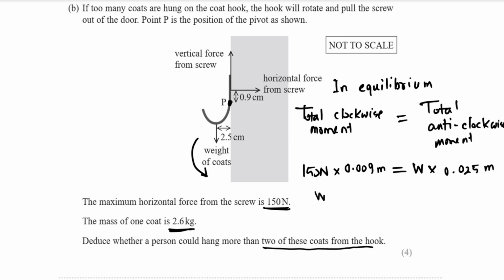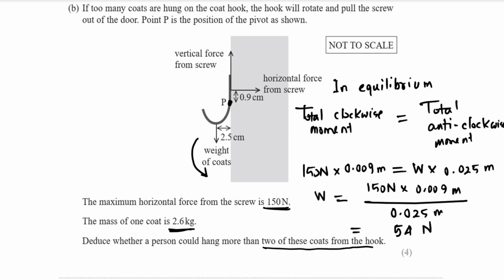We have to calculate weight. So 150 Newton into 0.009 meter divided by 0.025 meter. So calculated weight is 54 Newton.